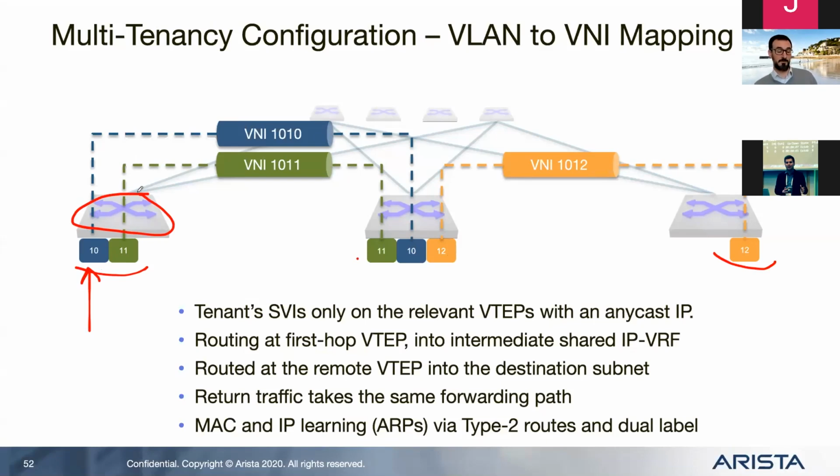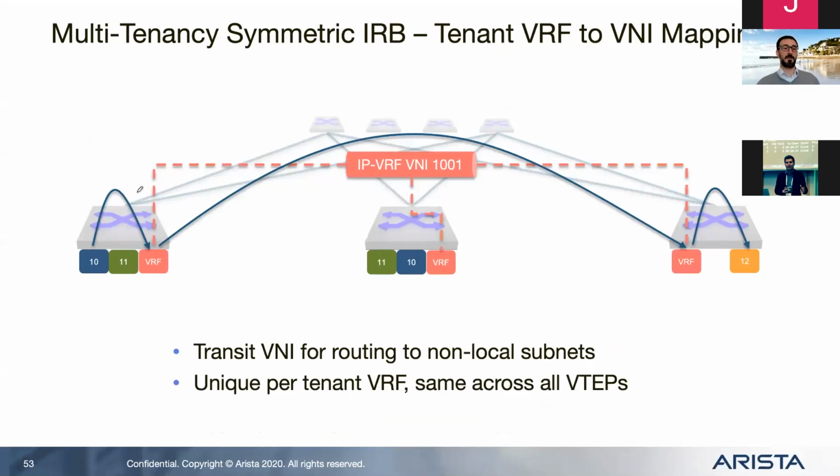One of the solutions to that, ideal I think for multi-tenancy, is the symmetric IRB, which means we allow the routing information to be distributed across the different PEs or VTEPs through an IPv4 or L3 VPN. So that's combining both the L2 VPN and the L3 VPN.